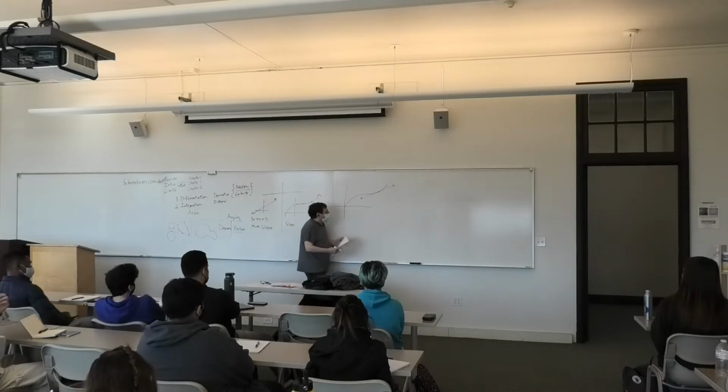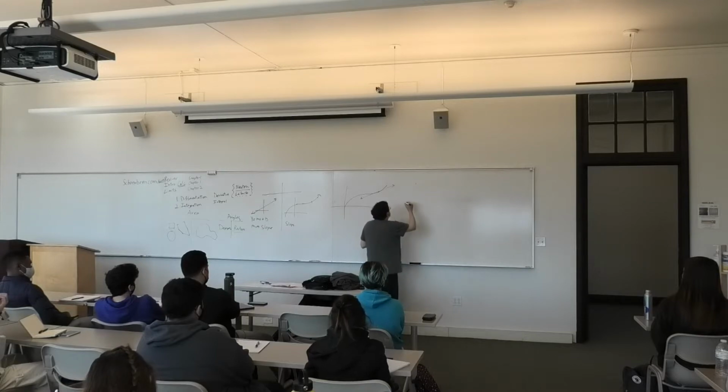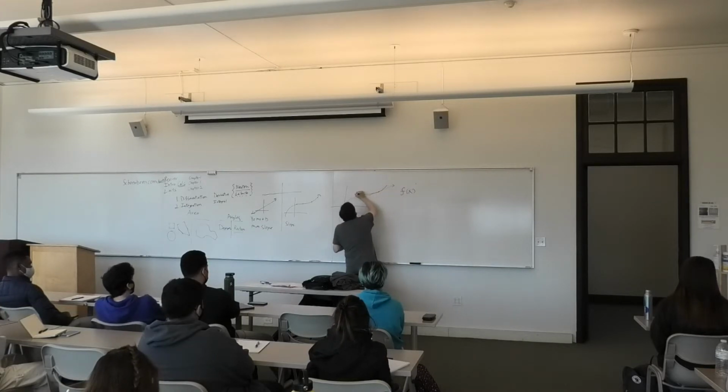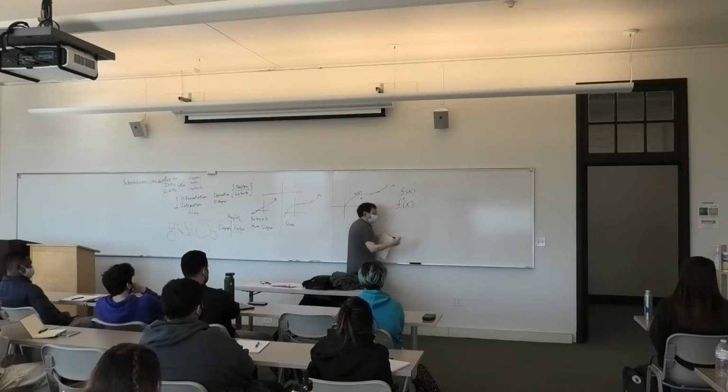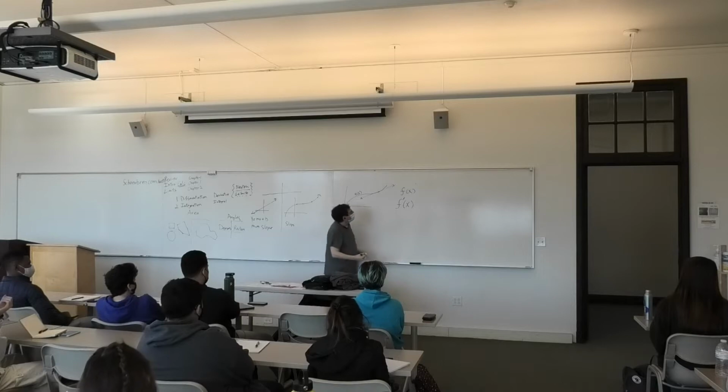We have some different types of notation. We have some function of x, so this is f of x. The derivative we're going to refer to by putting an apostrophe here.